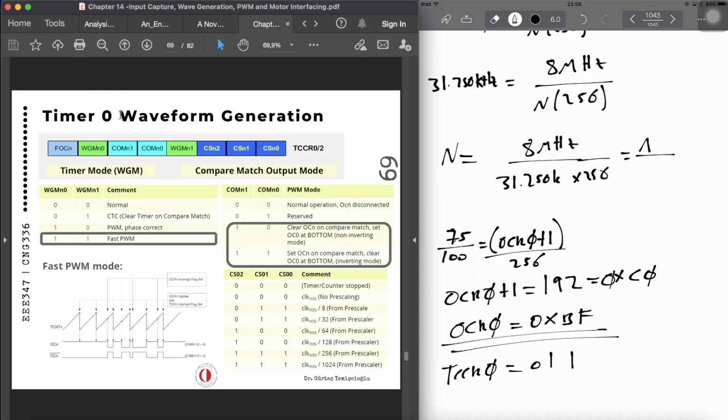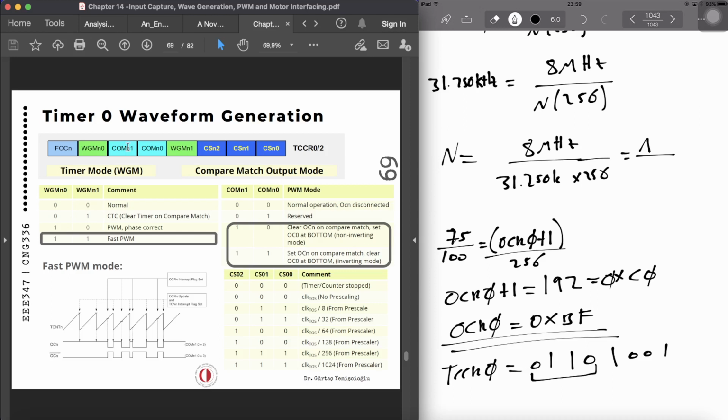And then COM modes, it's going to be non-inverting, so that should be 1 and then 0 for the COM. Again, 1, 0, and we have got the WGM0, 1 as 1. And the clock is going to be no prescaling, so 0, 0, 1.